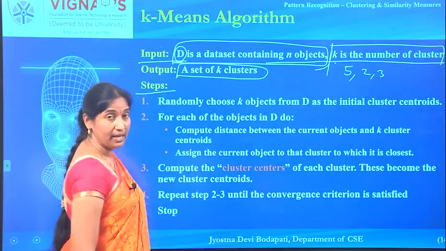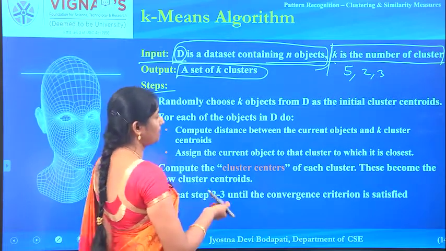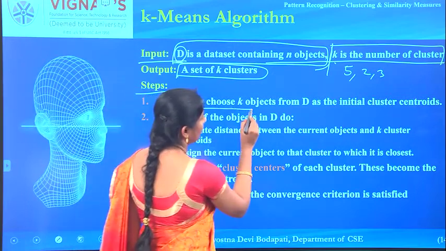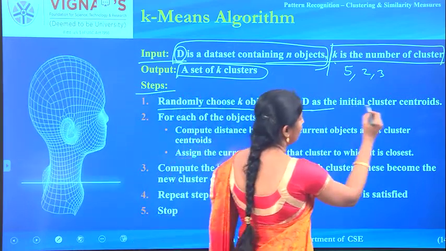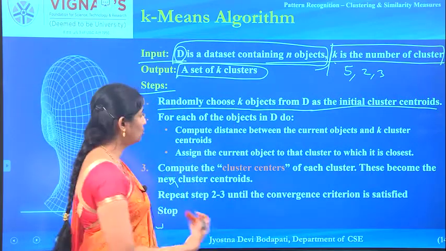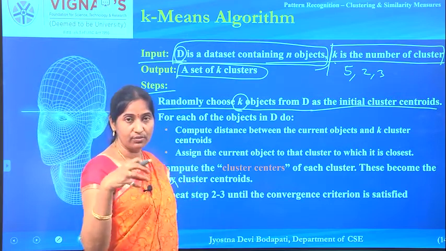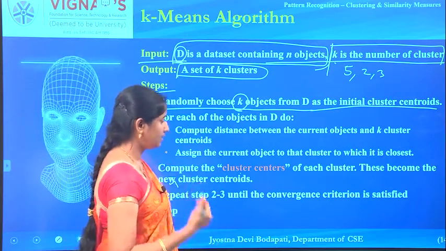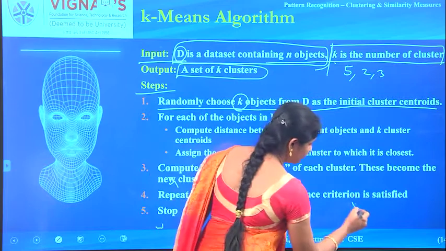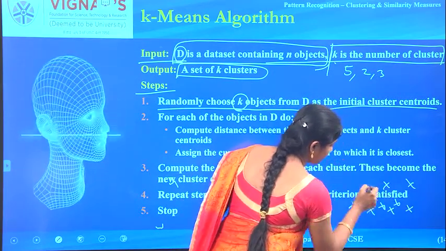The steps followed by the k-means algorithm are: you need to choose randomly k different objects from the given data set, and those form the centroids for your data. Say for example, my data is something like this. Assume this is all the data.